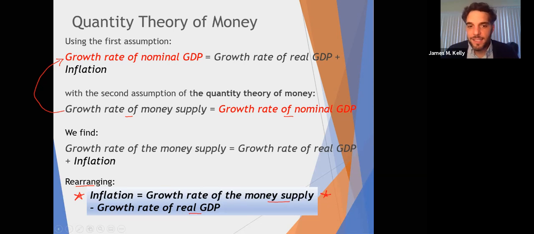Most likely, yes, so long as that growth in the money supply is greater than the growth rate of real GDP, which means if there are large increases in output, then large increases in the money supply are not going to lead to large levels of inflation. Why? Because the growth rate of real GDP and the growth rate of the money supply are both growing at high rates. Therefore, the difference between the two of them is relatively small, meaning inflation is relatively low.